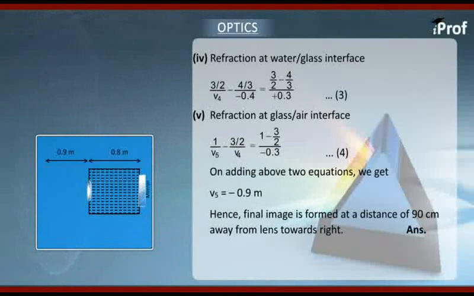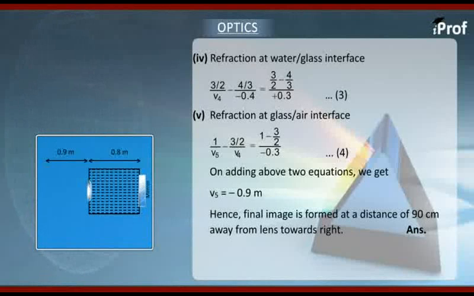Take care of sign convention, because now the direction of the incident ray is changed. So leftward will be taken as positive and rightward will be negative. Putting appropriate values and taking care of sign convention, we write the two equations which are displayed on the screen, and when we add these two equations, we get the position of the final image.